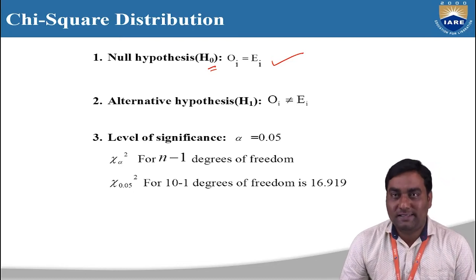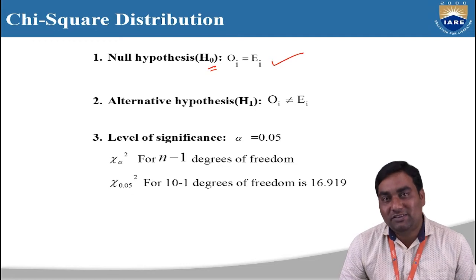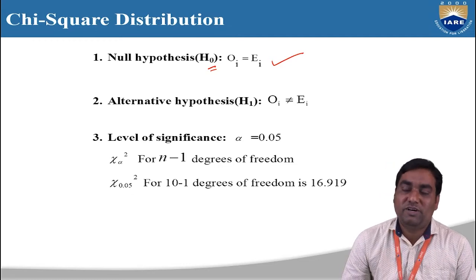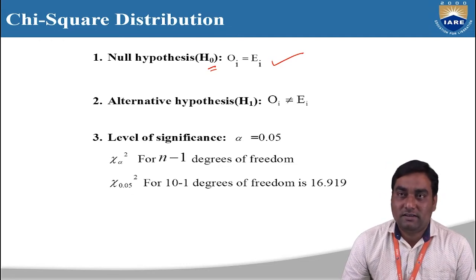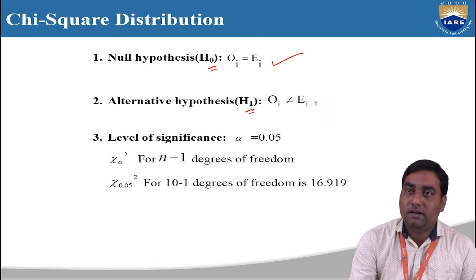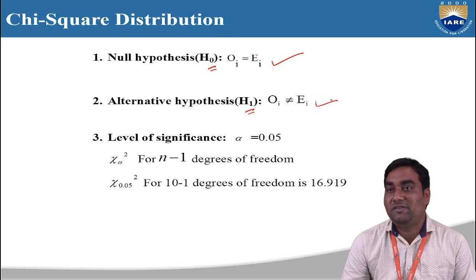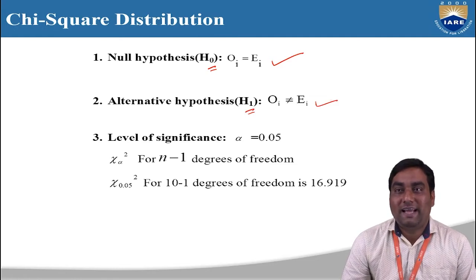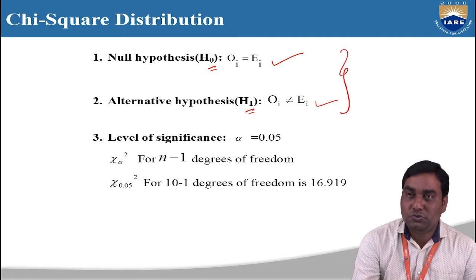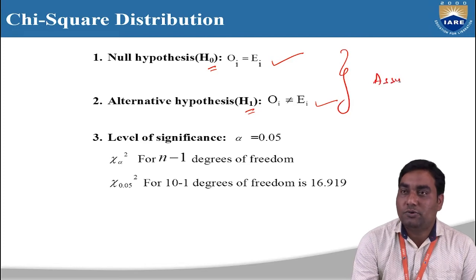The alternative hypothesis H1 means there is a difference between observed and expected frequencies. Both are our assumptions only.